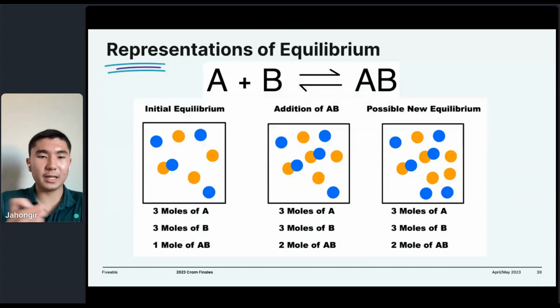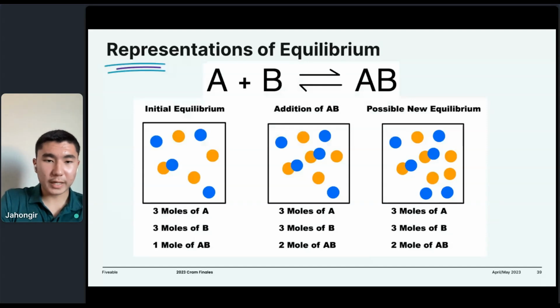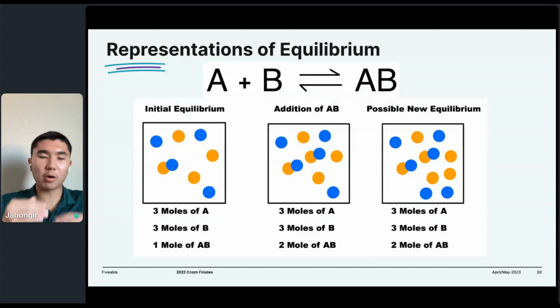Now, if we add AB, then we get 2 moles of AB, and we still have 3 moles of A and 3 moles of B. So we're maintaining our equilibrium, because if we add that AB, our system will counterbalance that and try to stay in equilibrium. So we still contain our 3 moles of A, 3 moles of B, and 2 moles of AB.